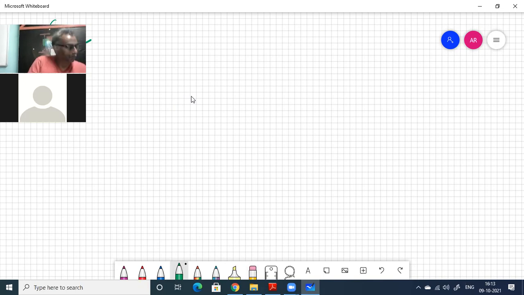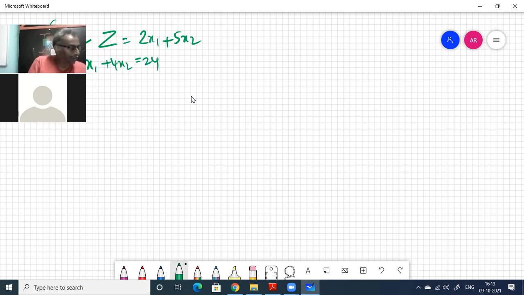Now, what is the maximizing function? They have given it. 2x1 plus 5x2. This is the maximizing function. You'll have to find out various values of x1 and x2 and see which one z is maximum, subject to the conditions. What are the constraints? First constraint, x1 plus 4x2 less than or equal to 24.